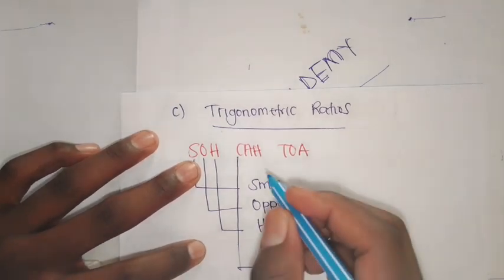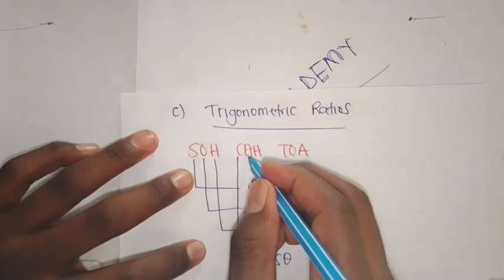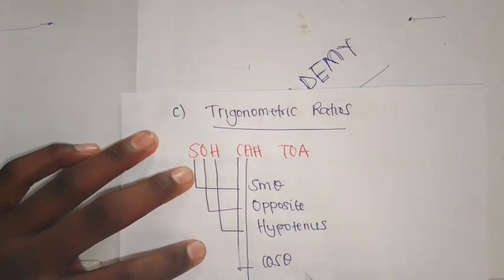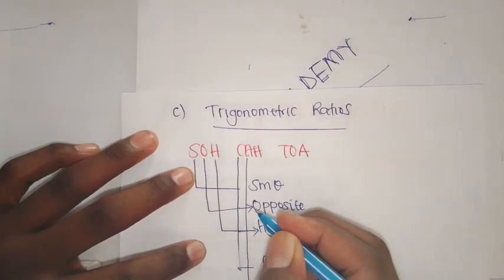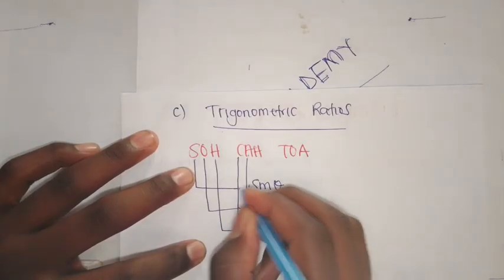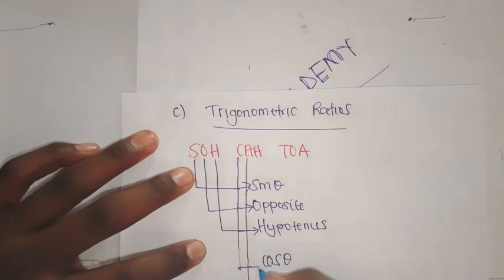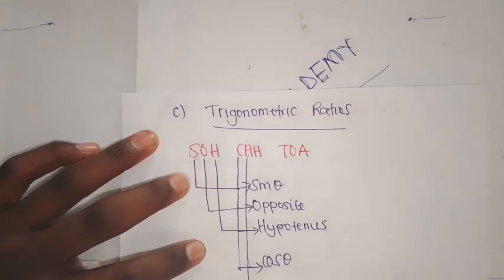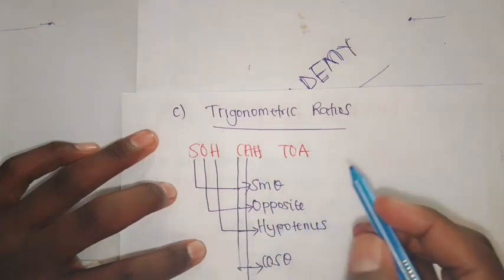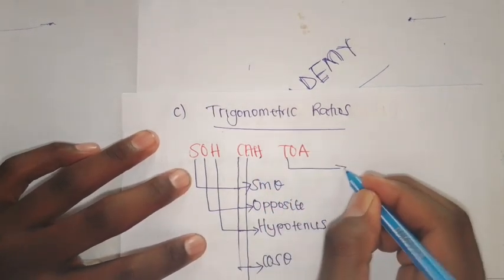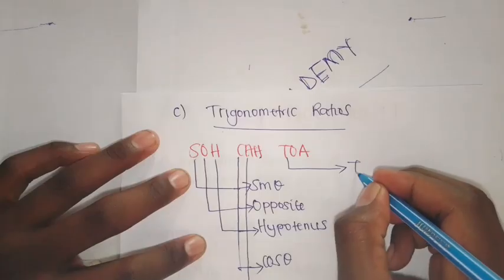Then this A talks about the adjacent. Whatever remained with this H, the hypotenuse, then this T is tan theta.